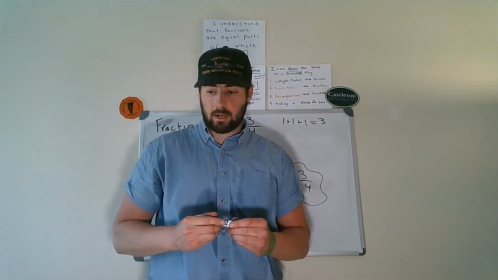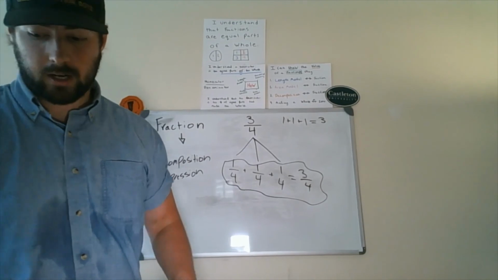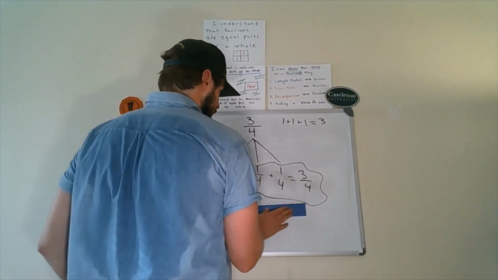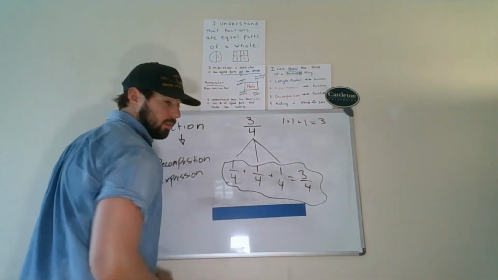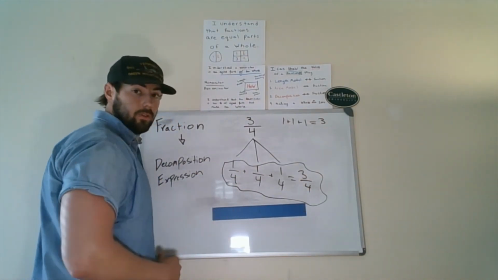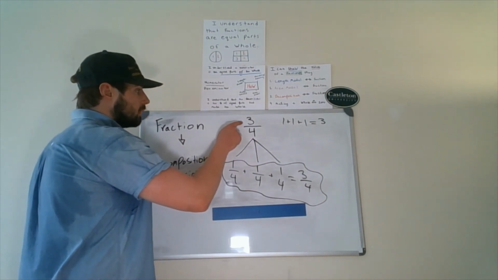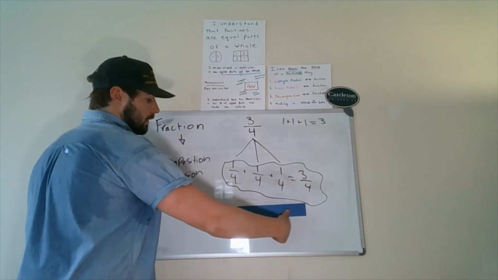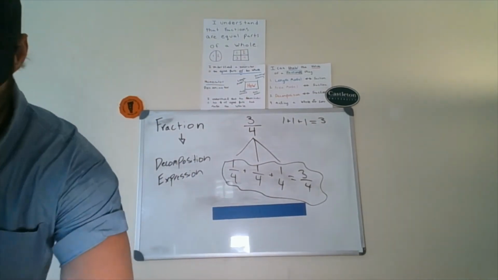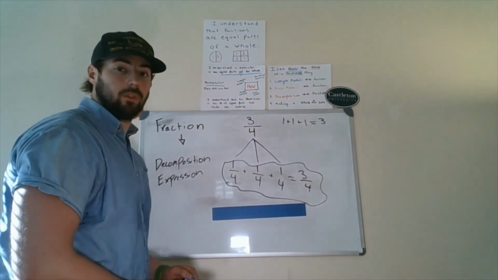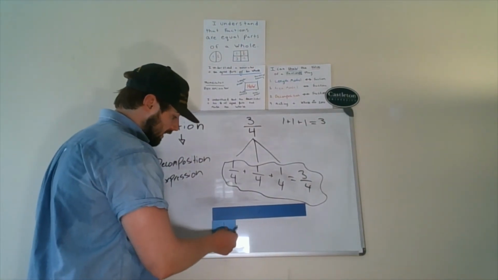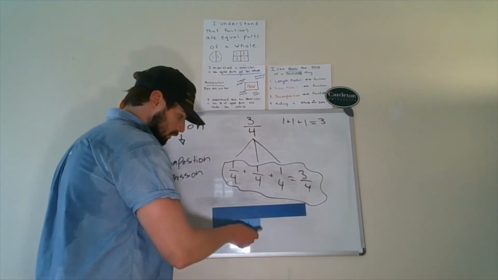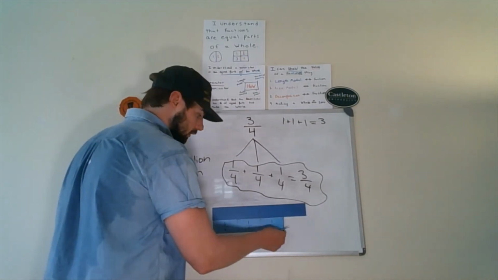Let's take a look at what that would look like visually very quickly. I know 4 parts would make this whole. But how many parts are represented when we know it's going to be less than a whole? We're only talking about 3. 1, 2, 3 parts.